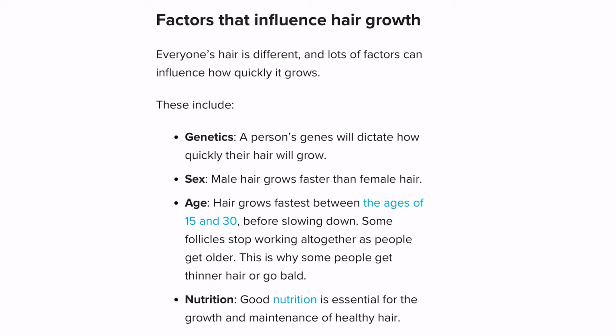Hair grows fastest between the ages of 15 and 30, then it starts to slow down. Some follicles stop working altogether as people get older. This is why some people get thinning hair or go bald. And then nutrition. Good nutrition is essential for growth and maintenance of healthy hair. So whatever you put in comes out. No, we don't have any products that grow hair or make it grow faster.